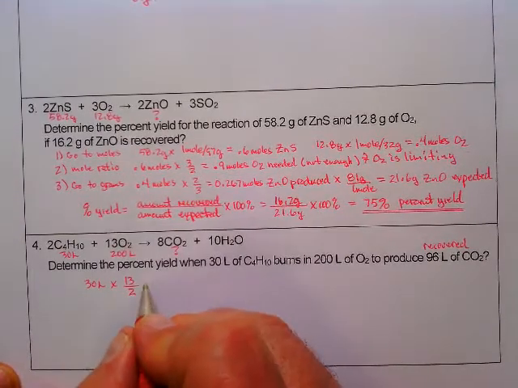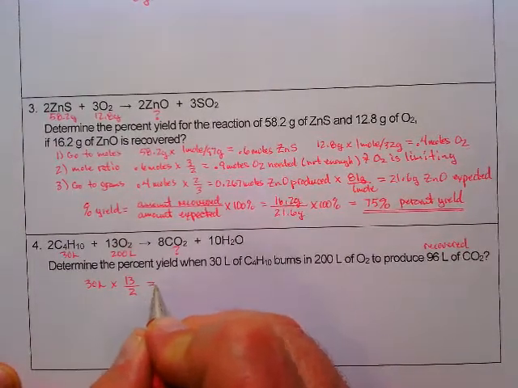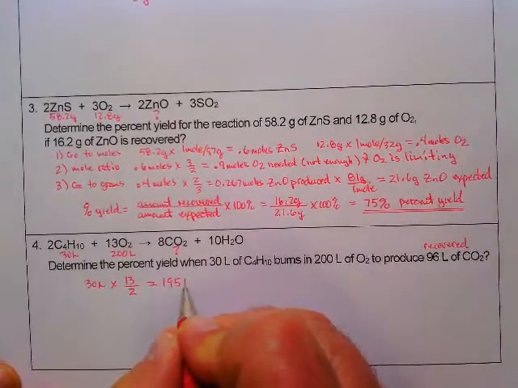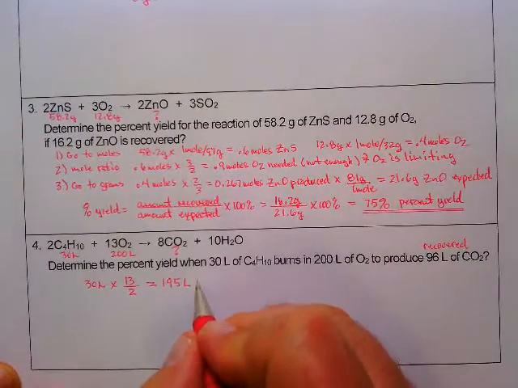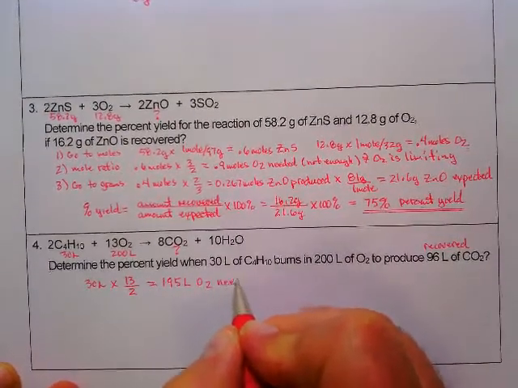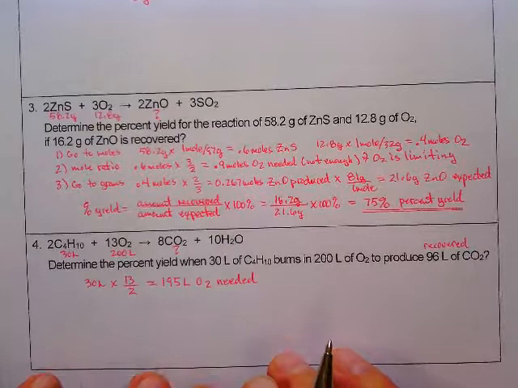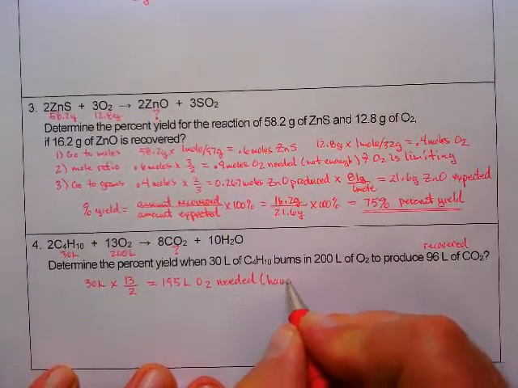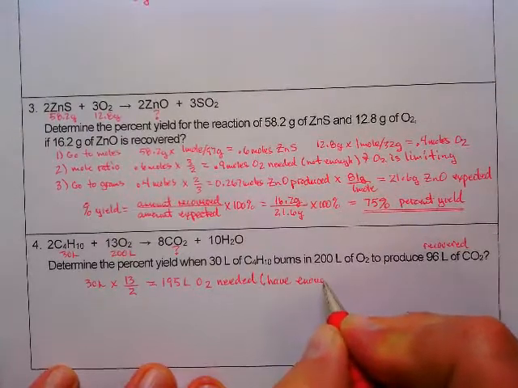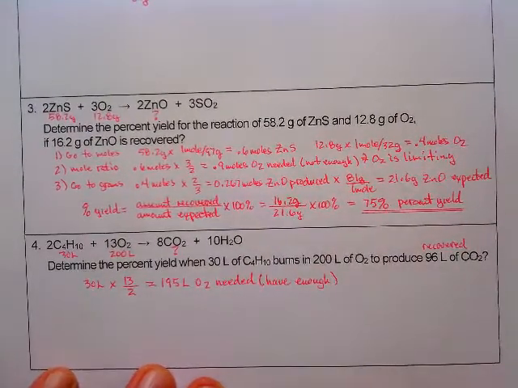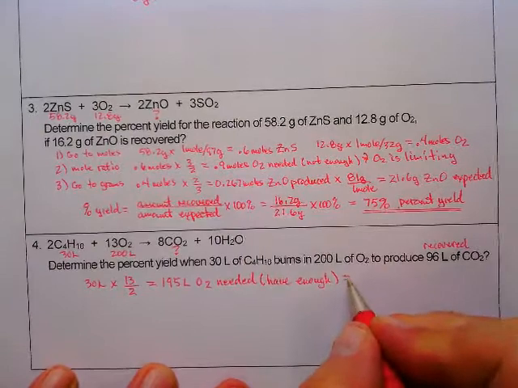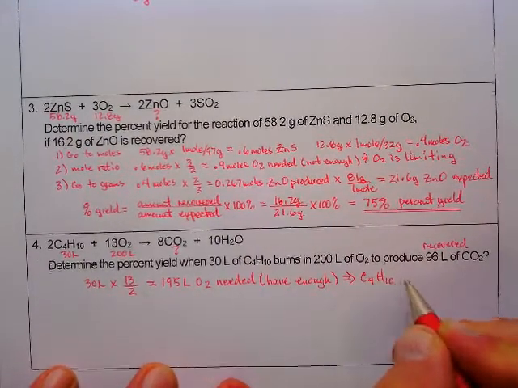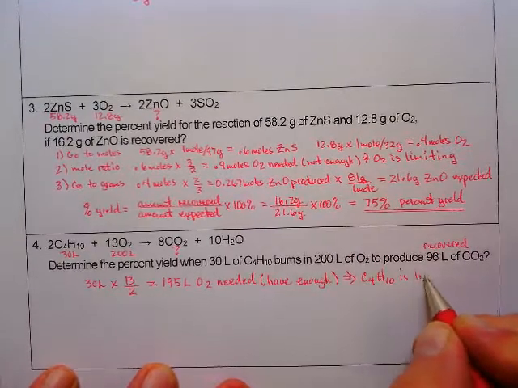So if I do that, it ends up 195 liters of O2 needed. Okay, I have enough because I have 200. So the one that I have enough of means the other one, the C4H10, is limiting.